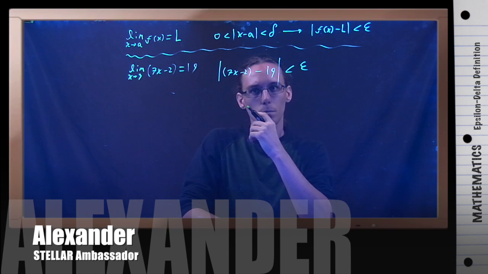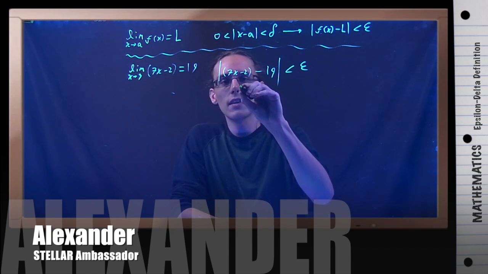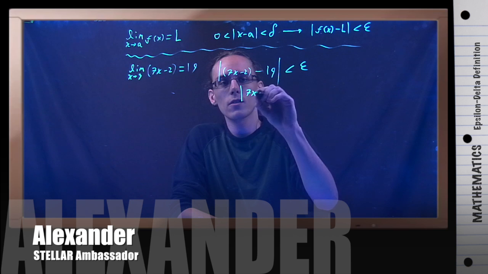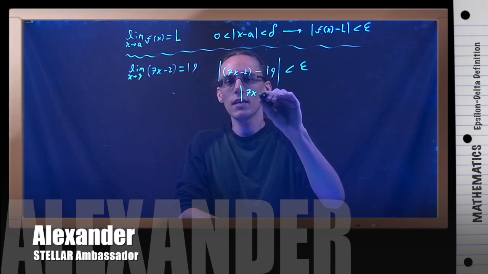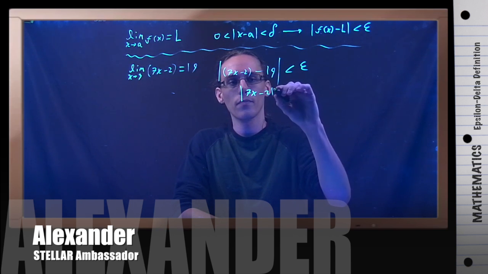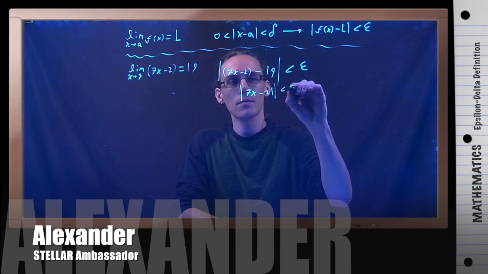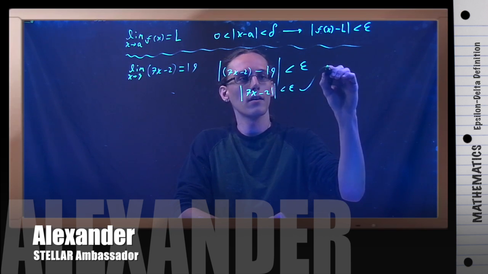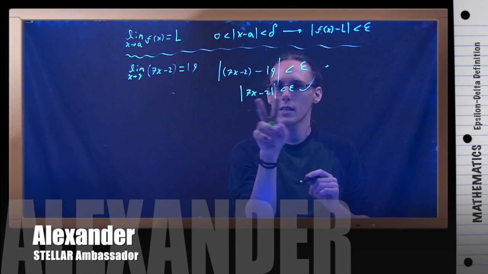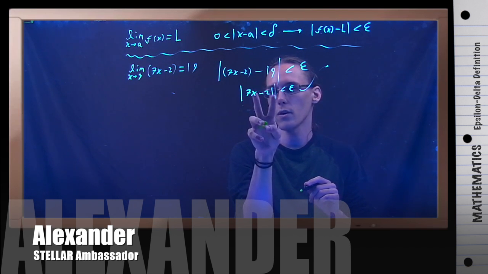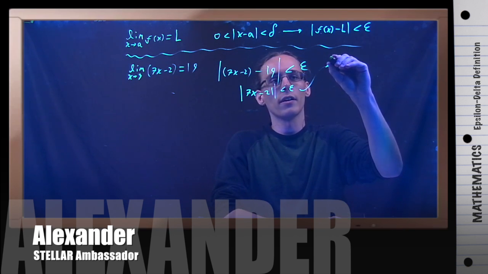Let's see what happens here. Well, I've got the absolute value of 7x minus 2 minus 19, which comes out to be 7x minus 21. The absolute value has got to be less than epsilon. Well, notice now inside this absolute value, I've got 7x minus 21. I can factor that 7 out of there.